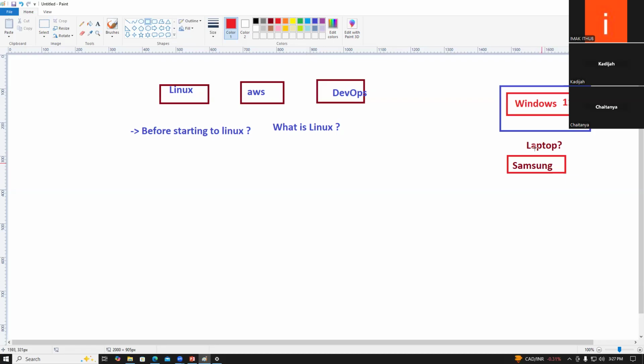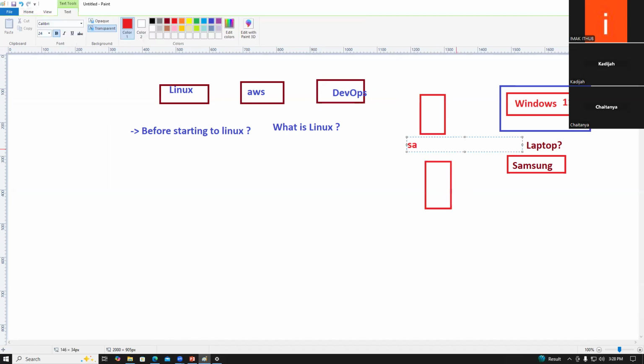Hardware. Which mobile are you using? I have both Samsung and iPhone. Samsung is the hardware.